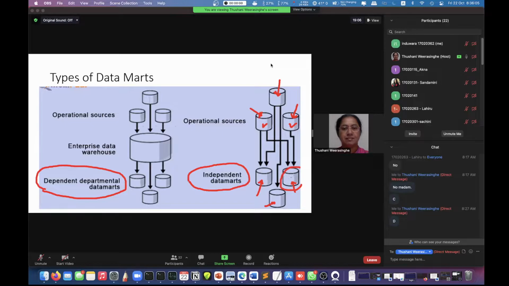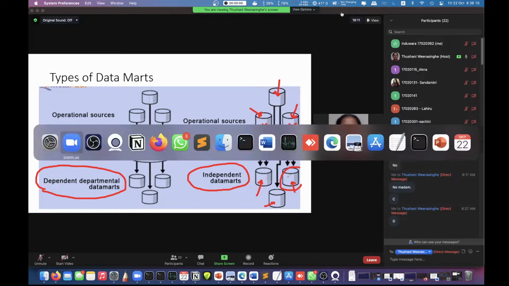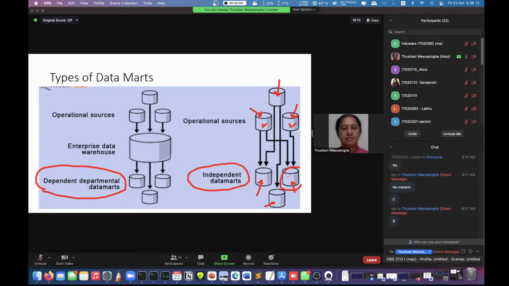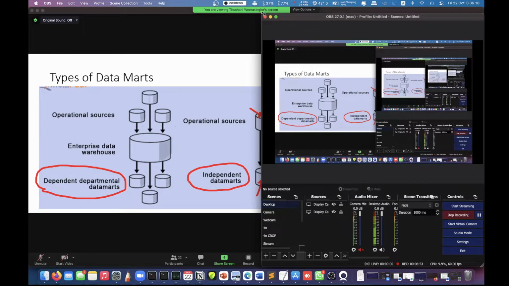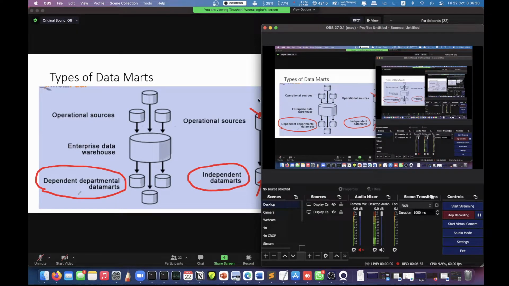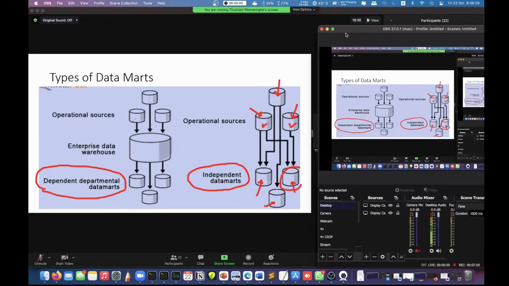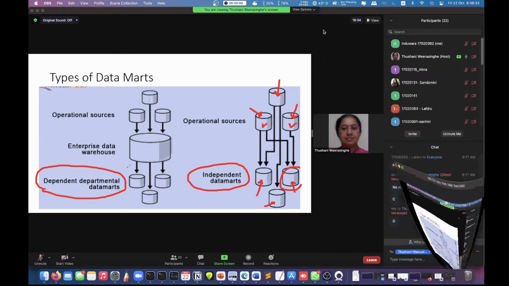Then you save them in a different data mart. Likewise, those are independent data marts because they do not depend on a data warehouse. So you can remember it that way. Otherwise, it depends on some other data marts. Yes. Dependent data marts are always depending on a data warehouse. So you don't get data from any other source, but you have to depend on the data warehouse.